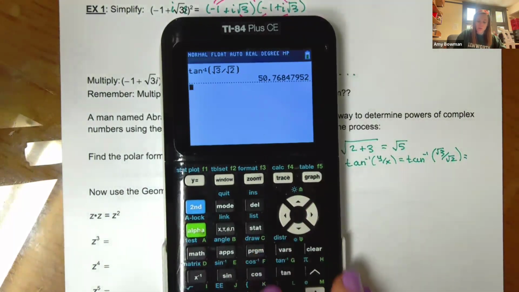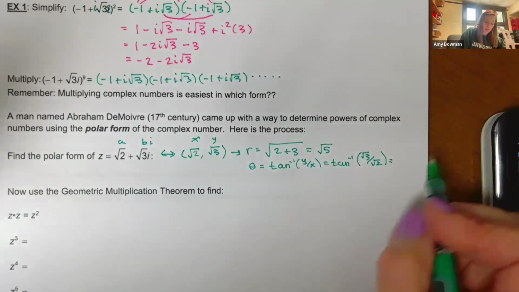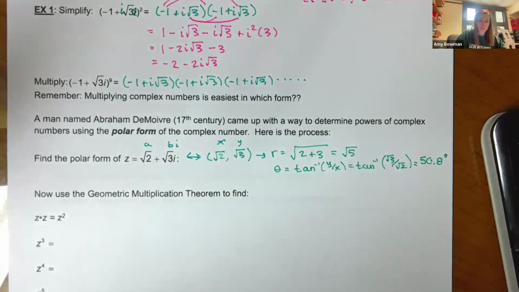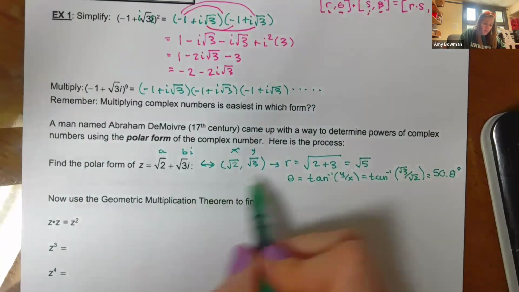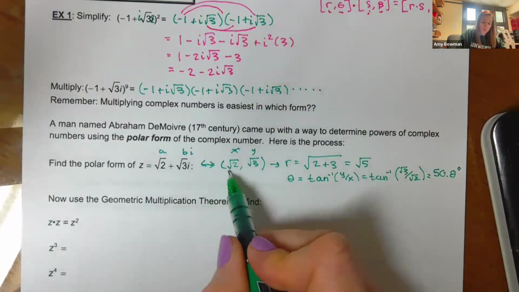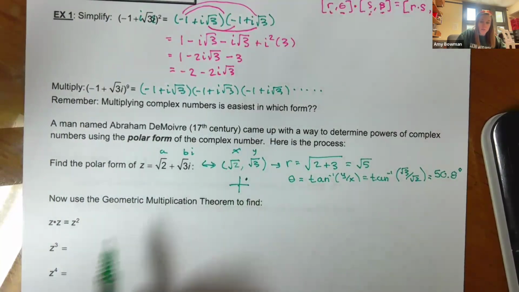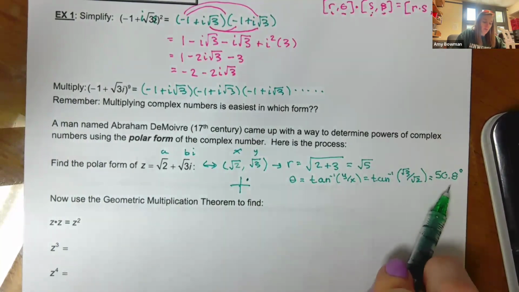We get about 50.8. Let's make sure that's accurate because this is just a reference angle. Do we need to add 180 or 360? Nothing. This ordered pair, root 2 comma root 3, is in quadrant 1 since both are positive, so it makes sense that 50.8 is our exact value of theta.